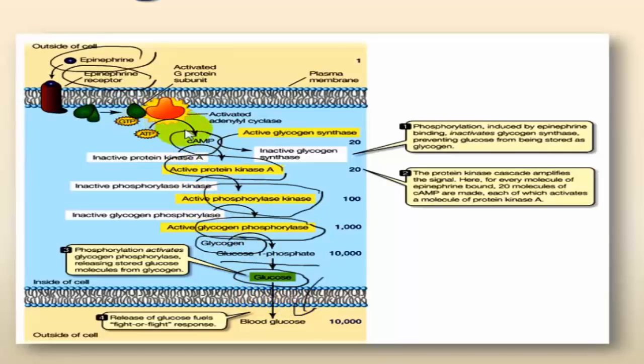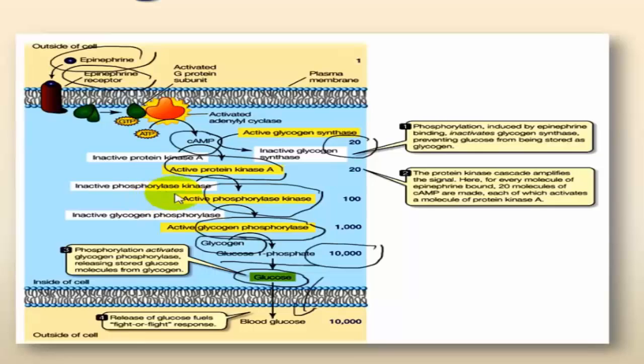This is what we see here happening from the production of cyclic AMP all the way to the activation of the last enzyme here, which is the signal transduction pathway. And we can see here the actual amplification. From one molecule of epinephrine, we produce 20 molecules of cyclic AMP, leading to the production of 10,000 molecules of glucose. That's the amplification process.